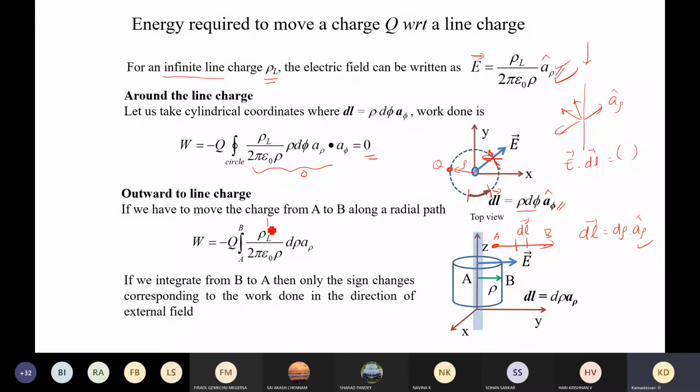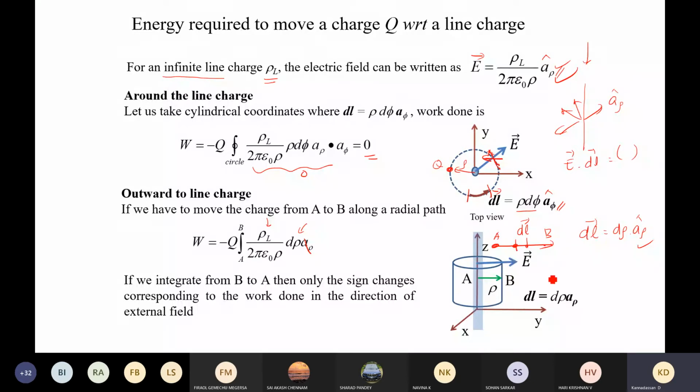So we have taken the magnitude of the electric field and the magnitude of the dl, and this a rho component will be removed because both are multiplied, and we will get unit 1, and the q is here. So we have to just integrate from a to b, and if the positions are clearly known, then we can easily do that.